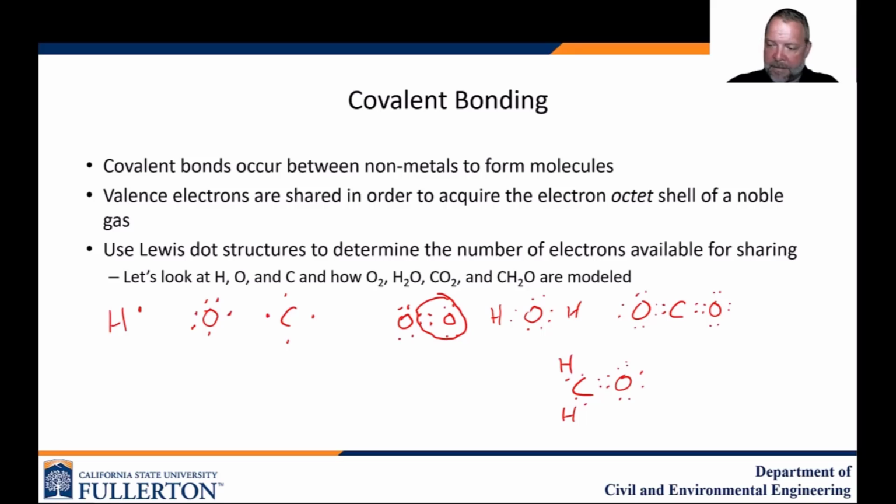Whoops. Just go back. See, even professors can make mistakes. So now everyone has the number of electrons they'd like to have. Oxygen has 2, 4, 6, 8. Carbon has 1, 2, 3, 4, 5, 6, 7, 8. Excellent. Over here on this one, oxygen also has 8, and carbon has 8. Everyone's happy.